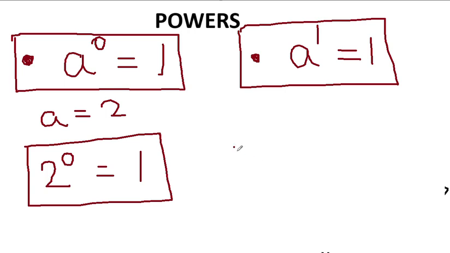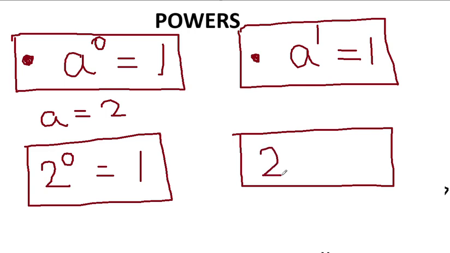Okay. The next one, 2 to the power of 1. I should correct myself over here. A to the power of 1 gives us A. So 2 to the power of 1 is, I should have just one blank. Right? And what is my base? My base is 2.